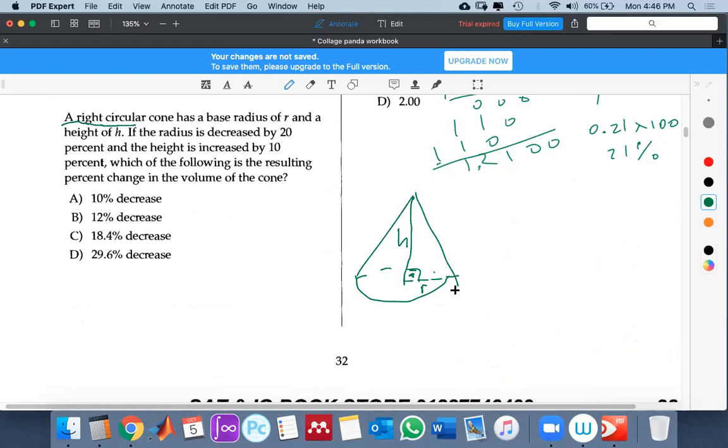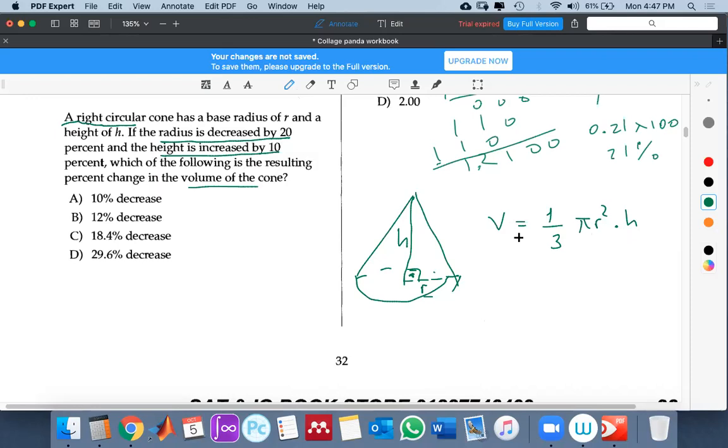This is a right circular cone. Radius decreased by 20%. Height increased by 10%. Which of the following represents the change in volume? So you have to know the volume, but in the SAT they are giving the formula: 1/3 pi r squared h. As I remember, this is the volume formula.